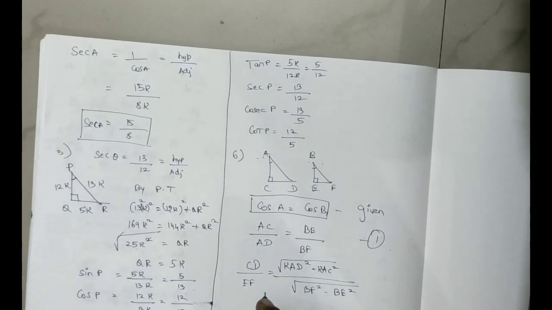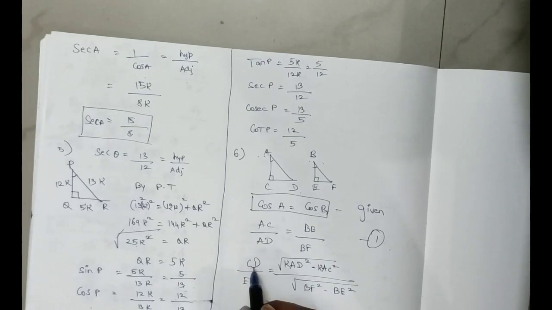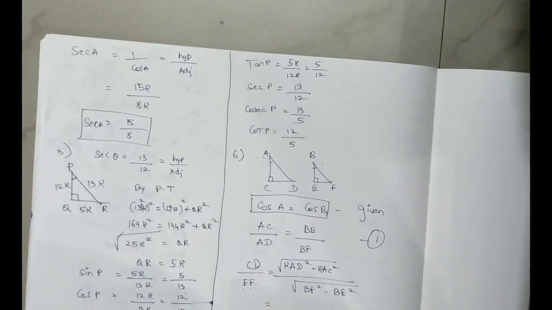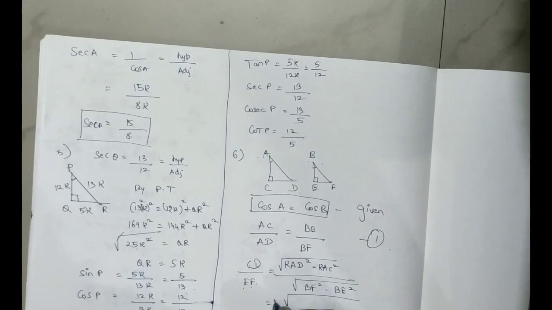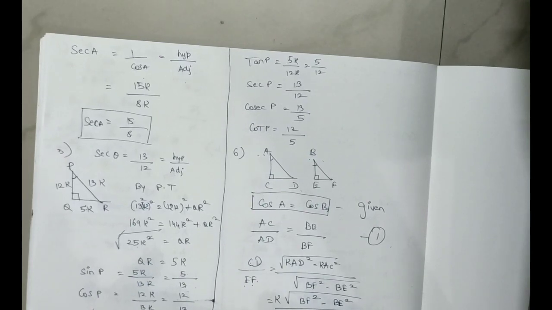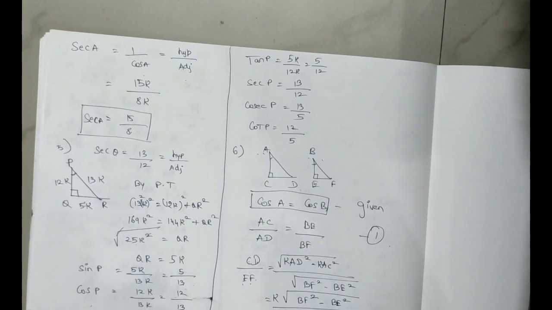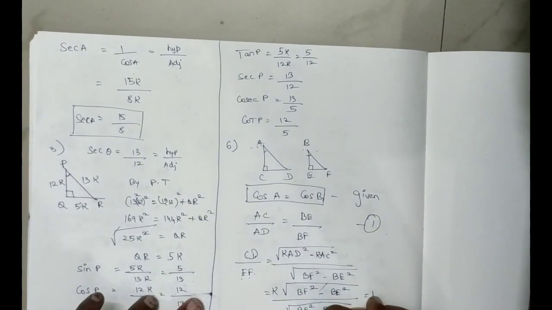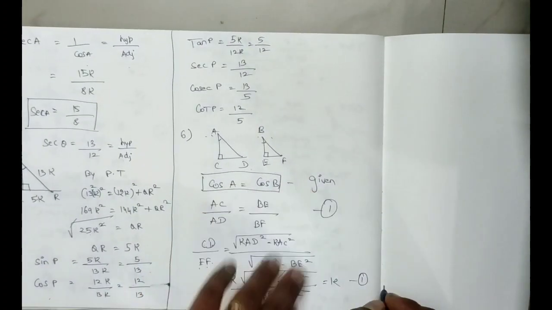So when we substitute, if CD will be equal to EF, we have to substitute any one value, either CD in EF or EF in CD. We'll substitute EF in CD. That is, if we take it out for any constant k, BF square minus BE square the whole divided by BF square minus BE square. So cancel, we'll get it as k. Let's assume this is 1.